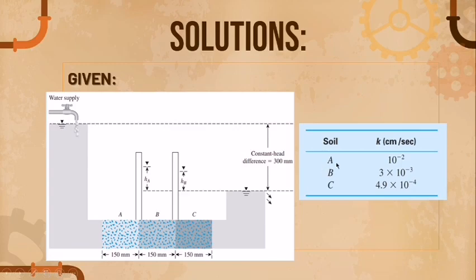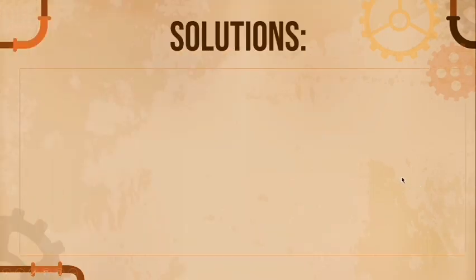A has a cross-sectional dimension of 150 mm with a hydraulic conductivity of 10 raised to negative 2. Soil B is still 150 millimeter with hydraulic conductivity of 3 times 10 raised to negative 3. And soil C is 150 millimeter with hydraulic conductivity 4.9 times 10 raised to negative 4.